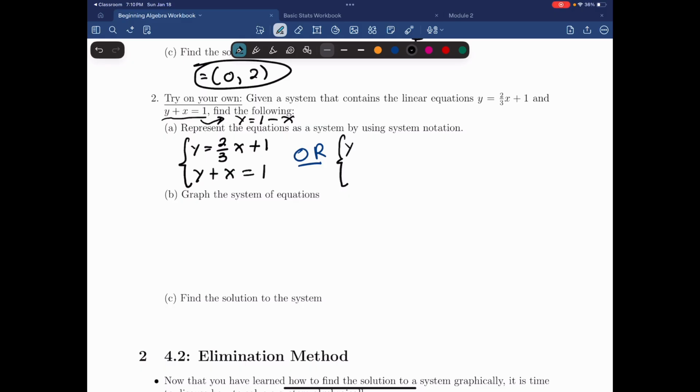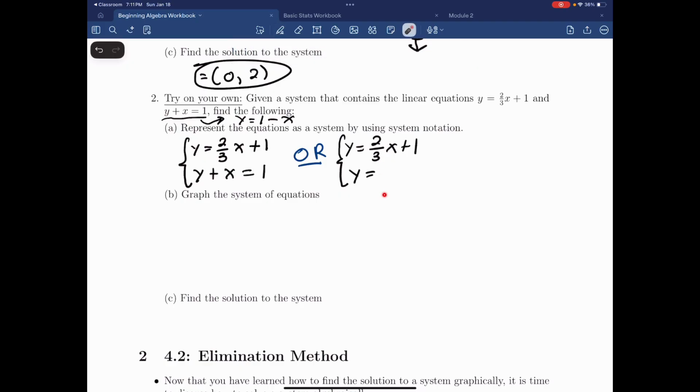So we'd keep the first equation the same, y equals 2/3 x plus 1. And then the second equation, we'd write it in slope-intercept form. Now, because I like our x variables to line up, especially in systems of equations, I'm going to put this negative x first. So I'm going to say y equals negative x, and since this 1 is positive, I'm going to add 1.